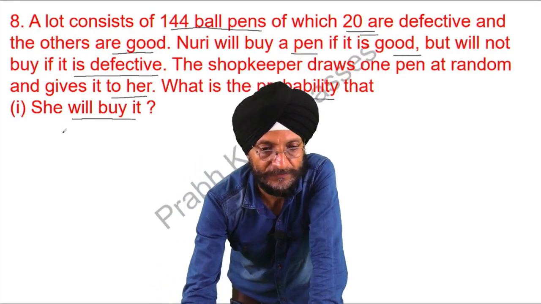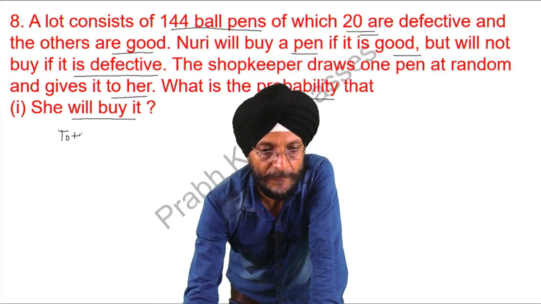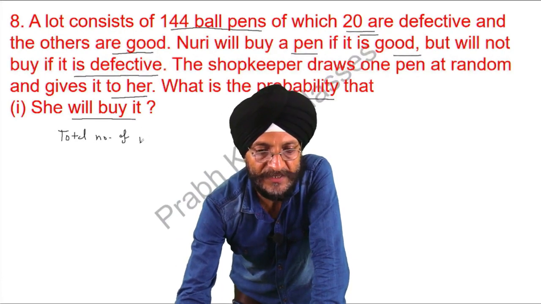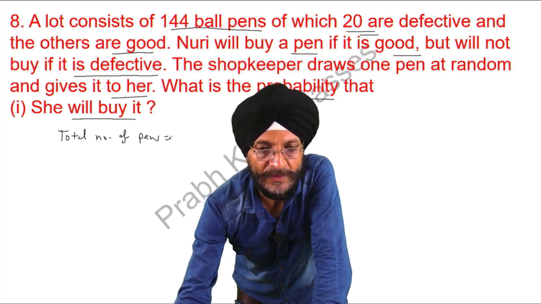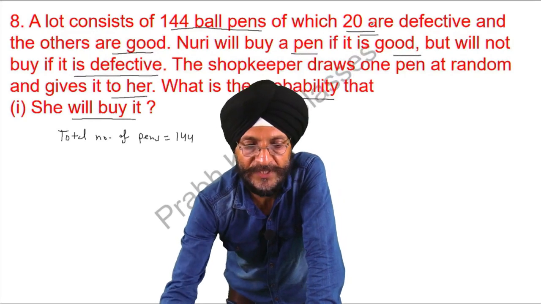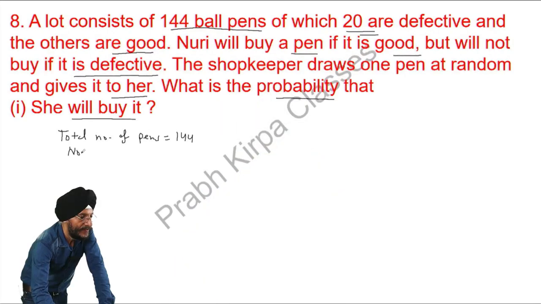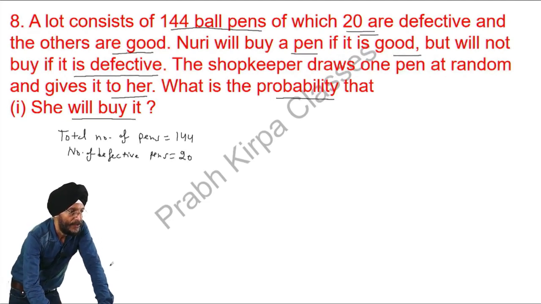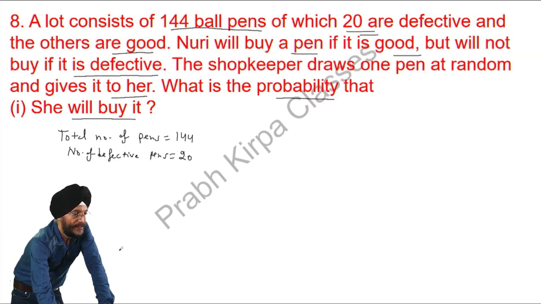So now what is given? It is given that the total number of pens are 144, out of which some pens are defective. The number of defective pens are 20 and the others are good.